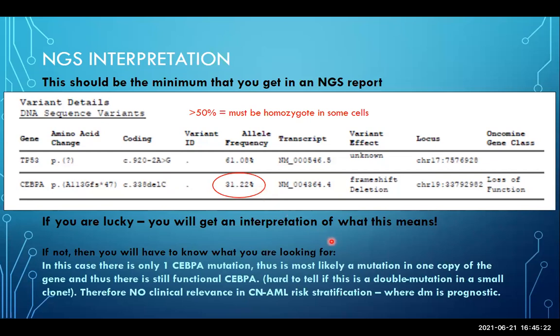And that actually doesn't have much clinical relevance in a cytogenetically normal AML risk stratification setting. So just because you see loss of function here, don't throw out all the other literature that says that, in this case, a double mutation is what's important. Or if it's only a single mutation in this gene, it's got to be homozygous for that mutation.